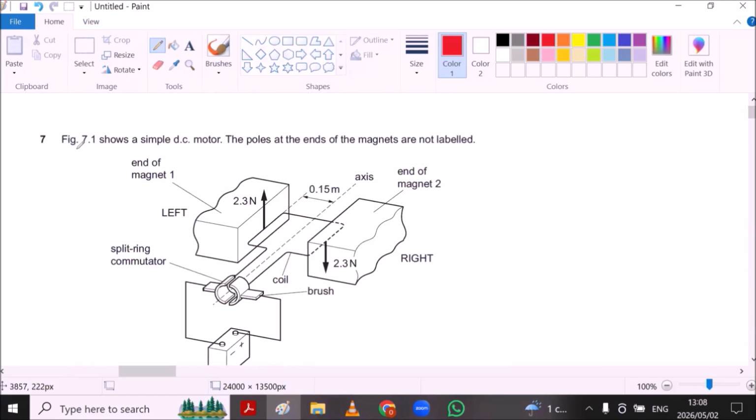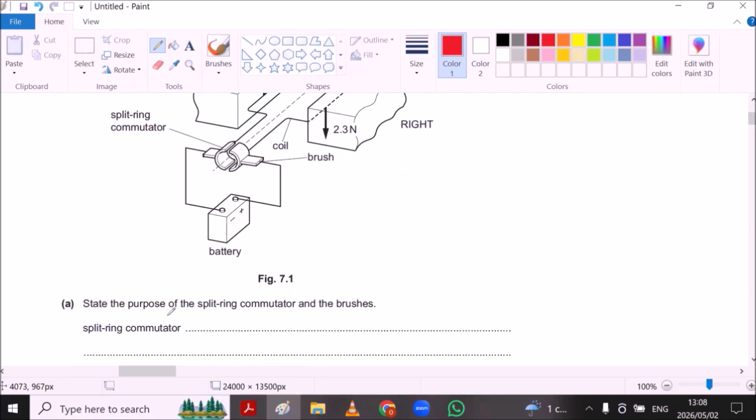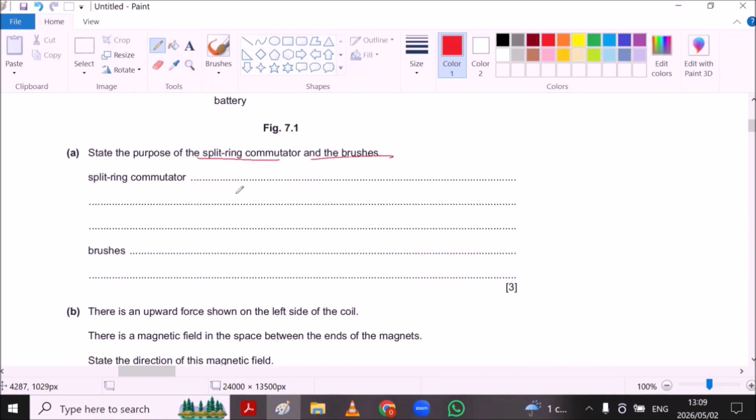Next question. Fig 7.1 shows a simple DC motor. The poles at the ends of the magnet are not labeled. State the purpose of the split ring commutator and the brushes. The purpose of the split ring commutator is to reverse the current in the coil.